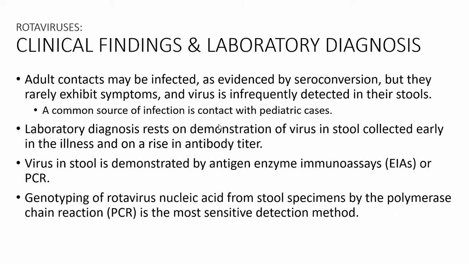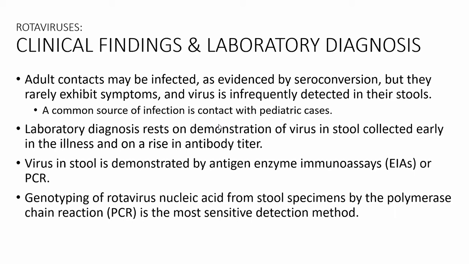So there's evidence that the adult contacts have been infected because of the presence of the antibody. But they rarely exhibit symptoms, and virus is infrequently detected in their stools. So the common source of infection is contact with pediatric cases.